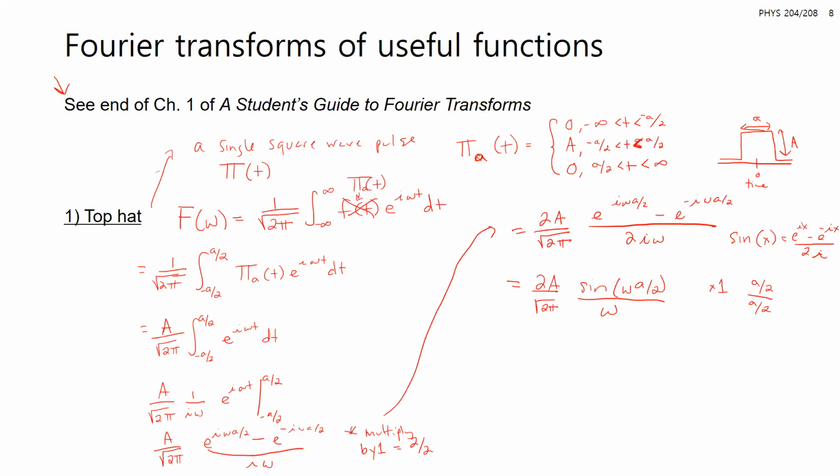And when we multiply by 1 that way, we get the following expression: capital A times lowercase a divided by the square root of 2 pi, times sine of omega a divided by 2, over omega a divided by 2.